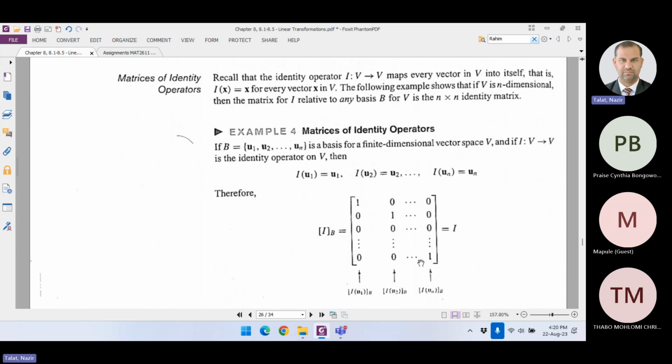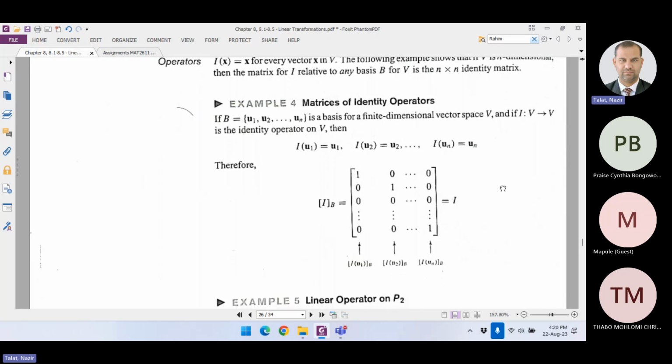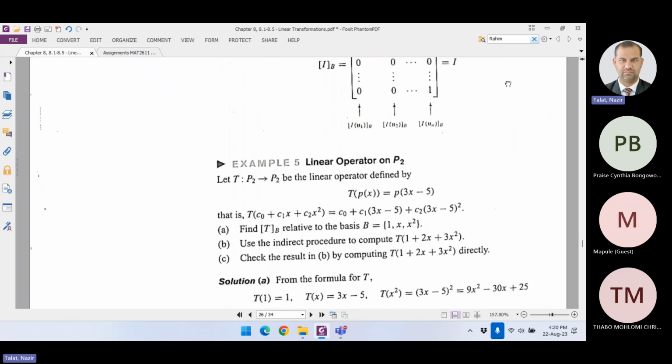We can just simply write IB, which is the images, where we just take the coefficients, and this is the standard matrix for a basis set beta, where beta is the standard matrix. Because I is an identity operator, it will always be a standard matrix.